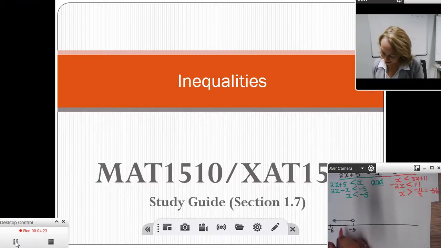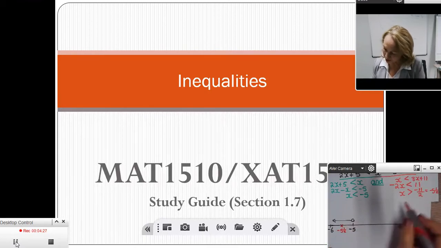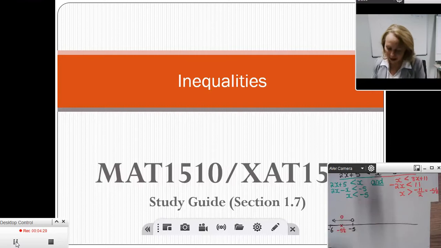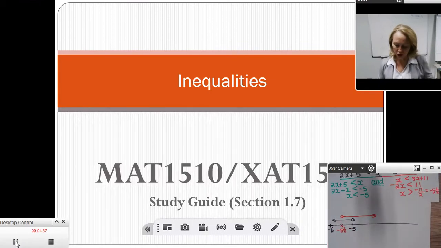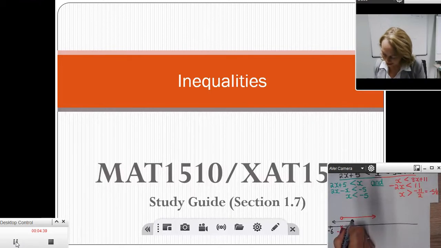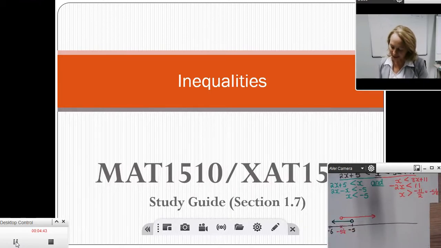Where is negative 5.5? It's over here. So it's strictly greater than. Open circles are for inequalities which do not include the endpoints. And there are your two solutions represented. x less than minus 5 and at the same time x greater than negative 5.5.